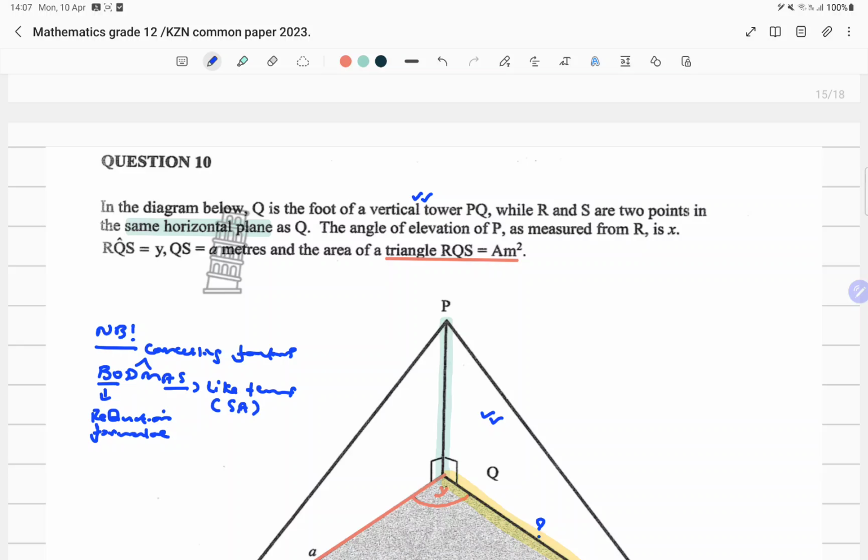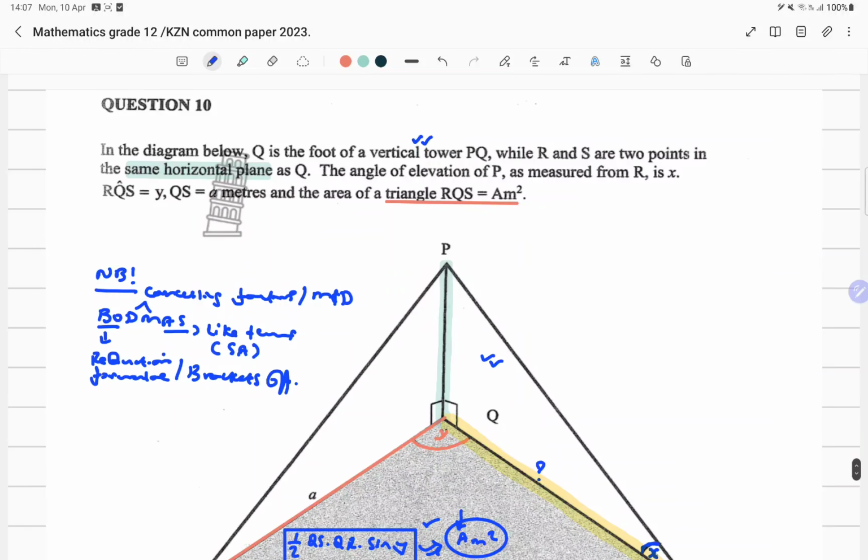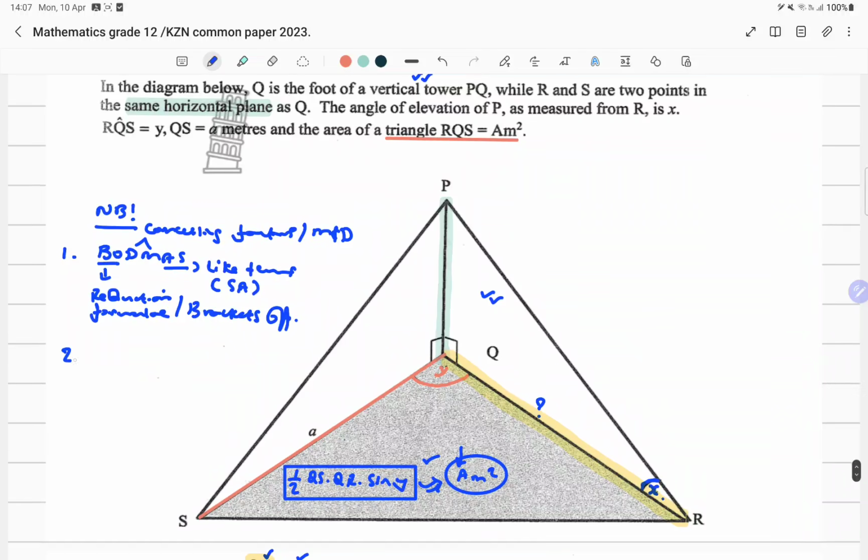BODMAS, it's reduction formulae, or just simply brackets off, you're taking the brackets off, or you can use trigonometric reduction formulae. Then here you're just cancelling factors most likely, or just doing multiplication and division in general. Then you can do addition and subtraction in general, which is like terms, or you can think of that as using special angles. So this is usually 80% of trigonometry, or at least 90%. And then you can use factorization.